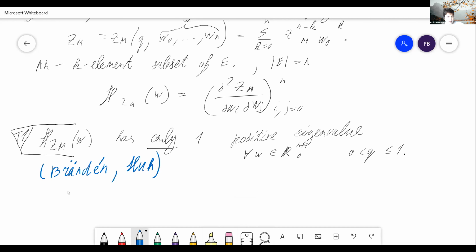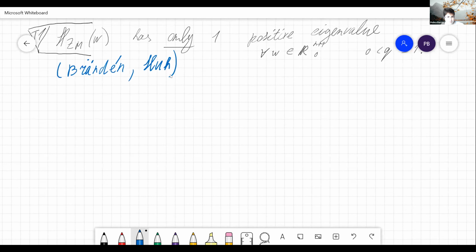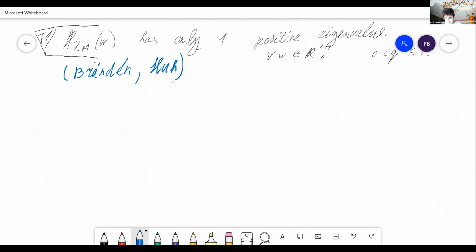I hope that we will not lose the connection with the first theorem, but if you do, just ask me, I will tell you how that's all connected. So do I have to define strictly log-concave sequences? Yeah, please recall it.